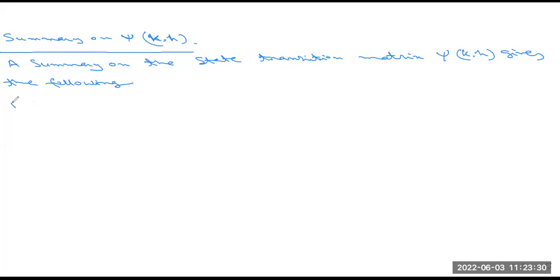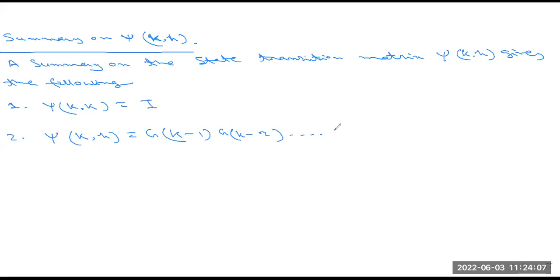Number 1, you have to remember psi of k comma k is equal to I. Number 2, another term: psi of k comma h is equal to G of k minus 1 into G of k minus 2 and so on up to G of h, where k is greater than h.